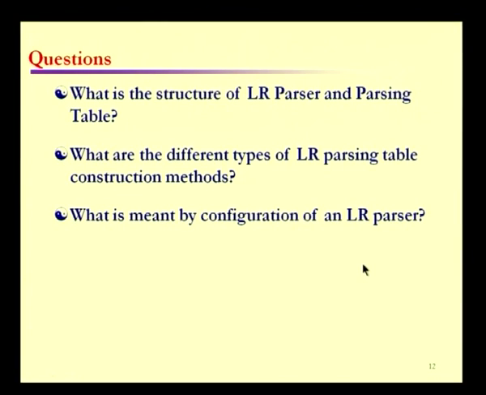As far as the question components are concerned, there is the structure of the LR parser and the structure of the parsing table. There are three methods we have already studied for constructing the LR parsing tables, namely SLR, canonical LR and LALR. And there is the configuration, how the configuration changes, and how it marks the progress in the parsing process.